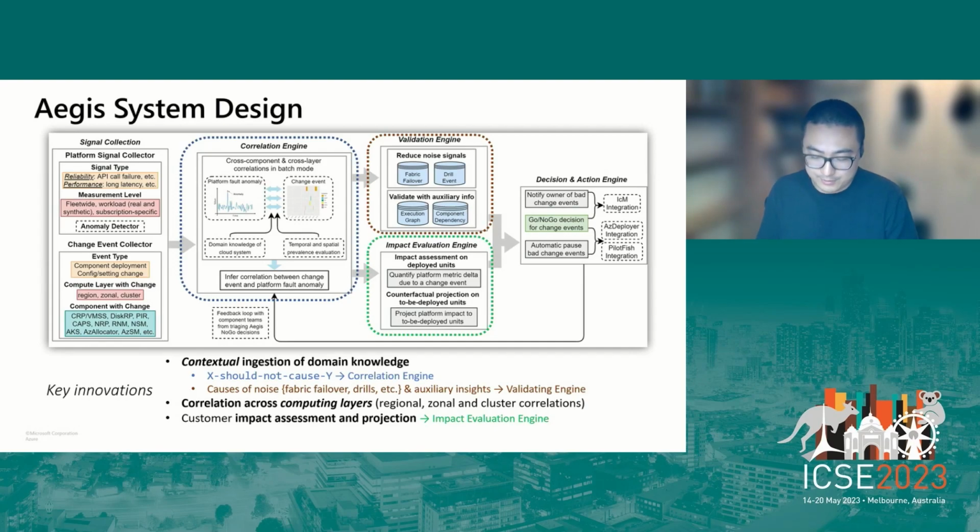Just for answering your specific question, to rule out resource availability as part of the reason for platform degradations, in the post-validation engine, as part of the auxiliary information, for example, we do look for available capacity or resources from a given region or zone before raising an alert for the relevant components.